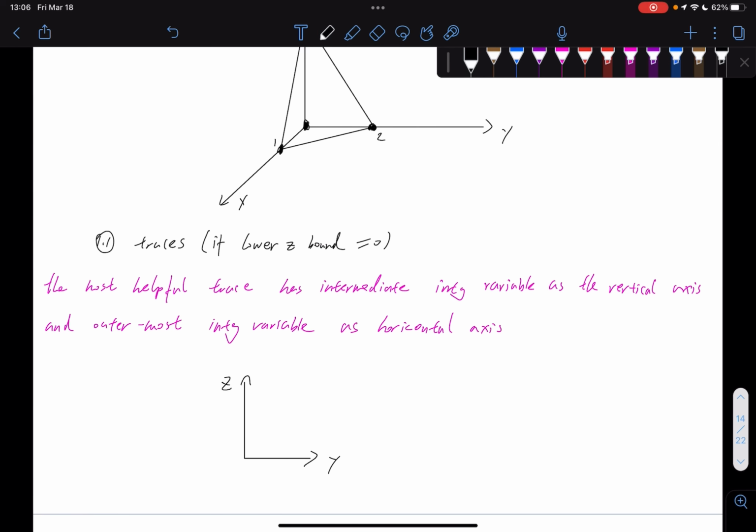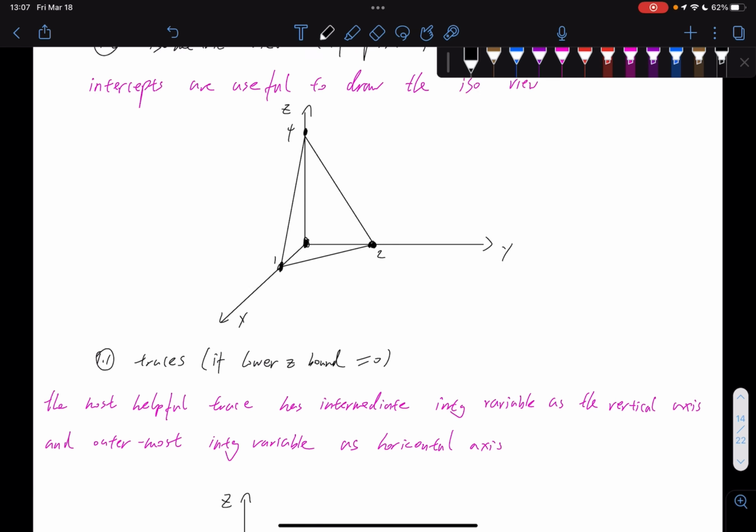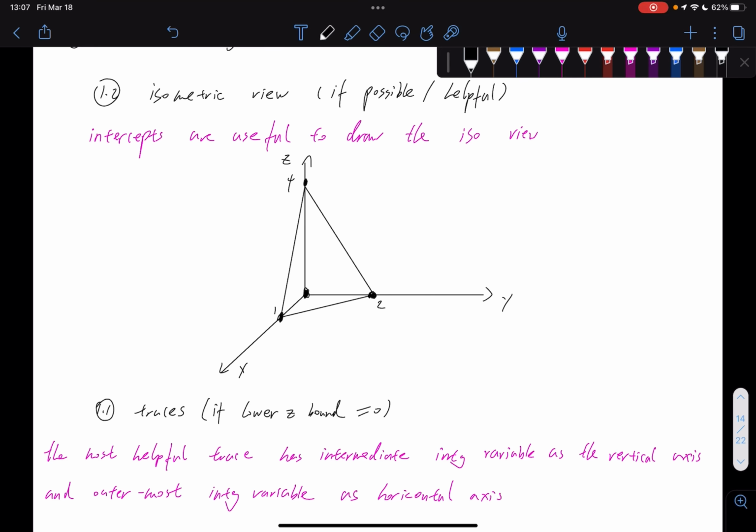Do we have any equations for us to draw the yz trace yet? No, right? We haven't even figured out the equation of the surface that's bounding the tetrahedron, the surface created by this triangle. So our goal right now is to find that expression of the surface.